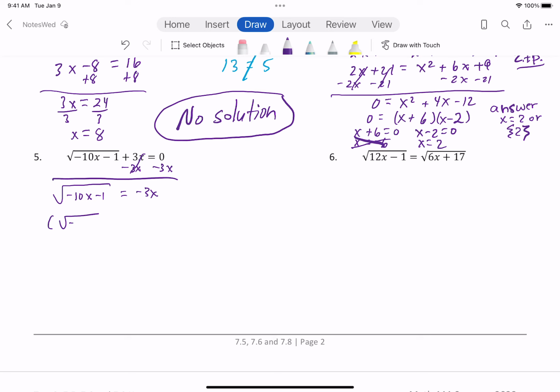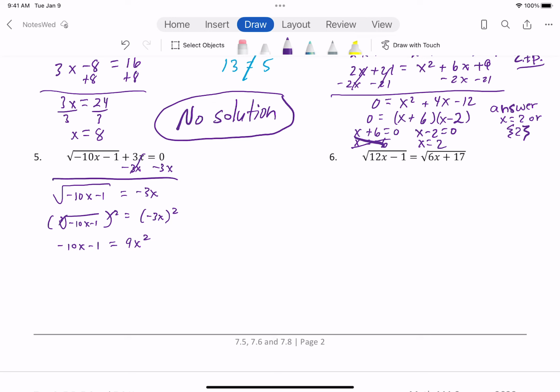Now we can use the principle of powers. We're going to square both sides. It undoes on the left and leaves me with -10x minus 1. And remember, this does mean -3x times -3x. So that is 9x squared.